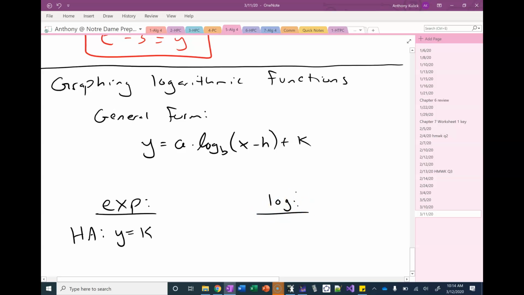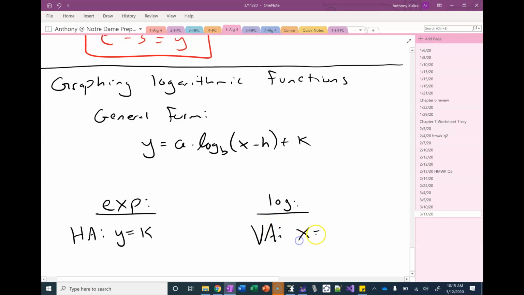So if you remember, when we make an inverse, what are we really trading? The x and y coordinates, right? So if the exponential has a horizontal asymptote, what kind of asymptote would the logarithmic, its inverse, have? If it's going left and right, when I switch the x and y's, which way is it going to be going? Up and down. So we'll call that a vertical asymptote.